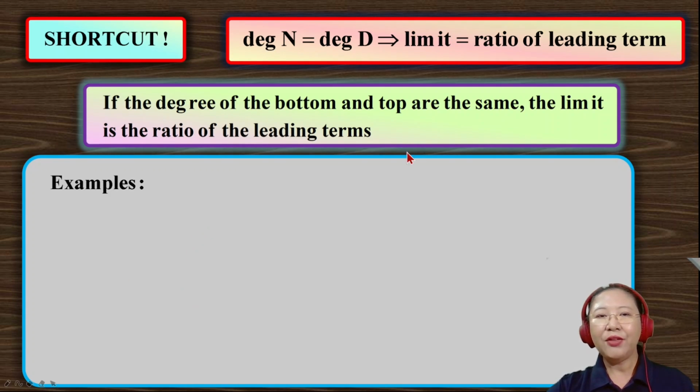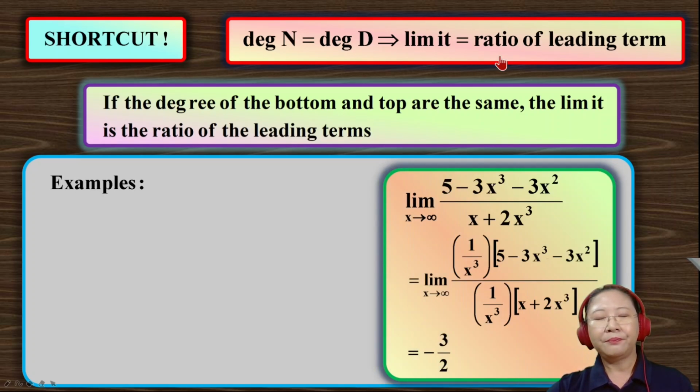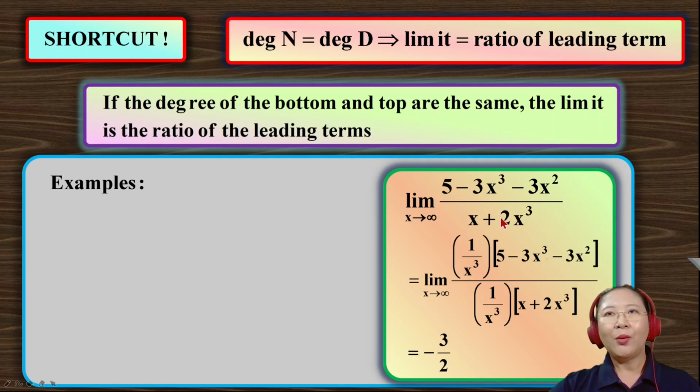Let's say the degree of the numerator is equivalent to the degree of the denominator, then the limit is actually the ratio of the leading terms. So what does this mean? If you use the old way, we look for the highest power of the denominator, which is x to the power of 3, and we multiply it with all the elements there.